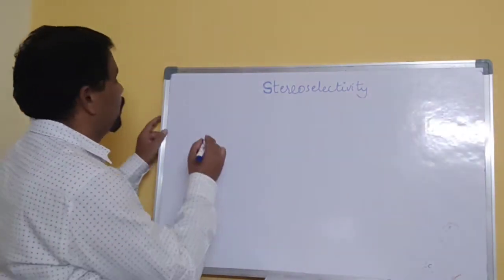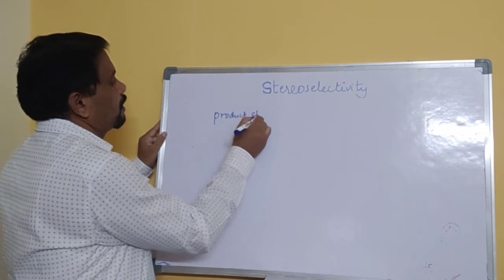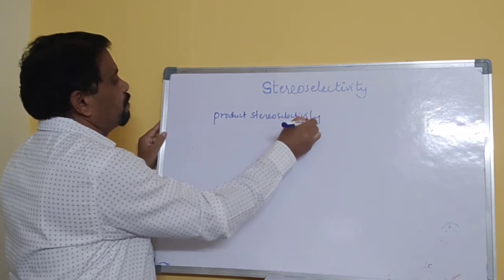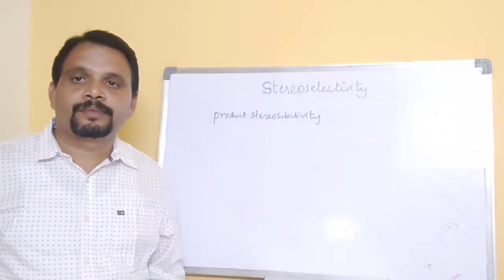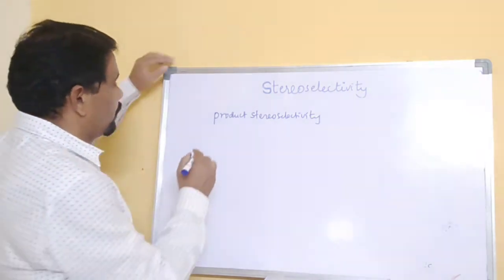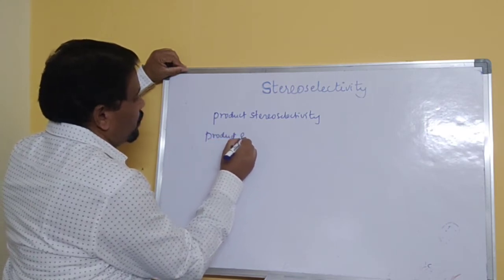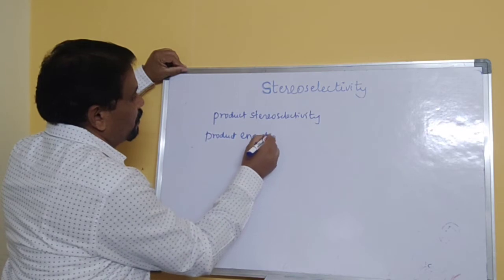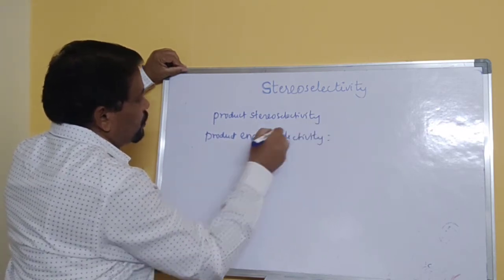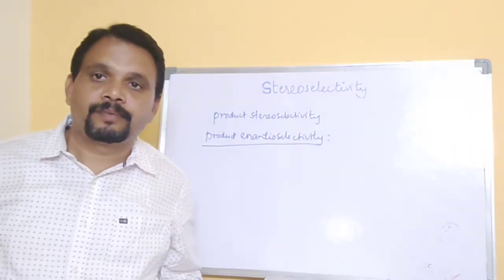Next we'll see product stereoselectivity. In product stereoselectivity you have product enantiomer selectivity. Product enantiomer selectivity means it is also a chemical reaction.